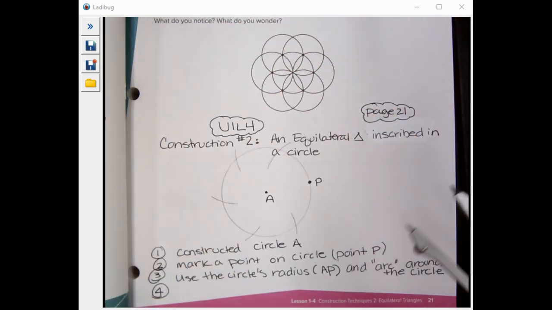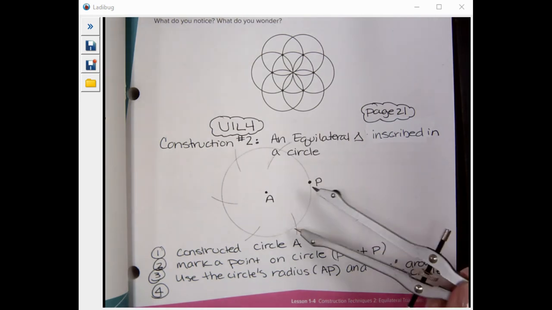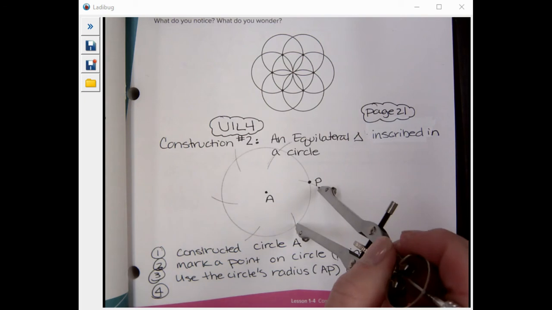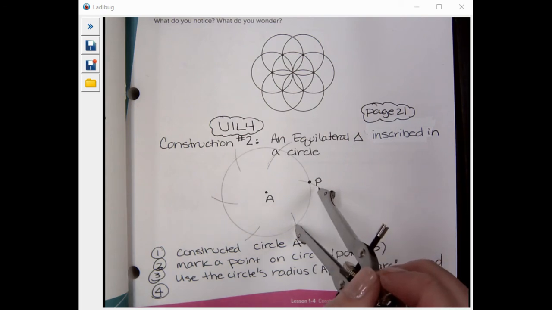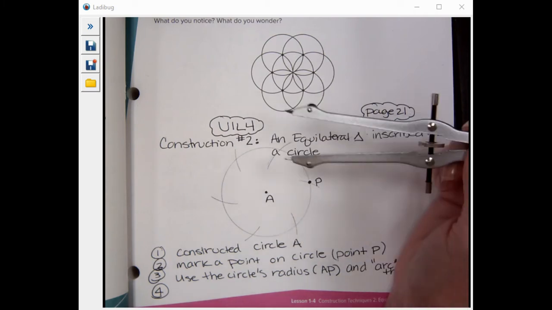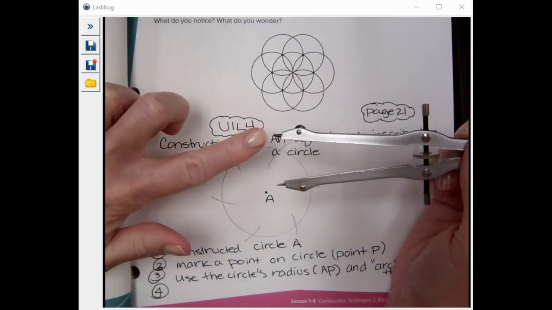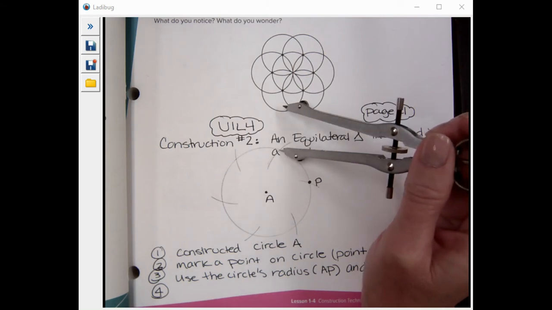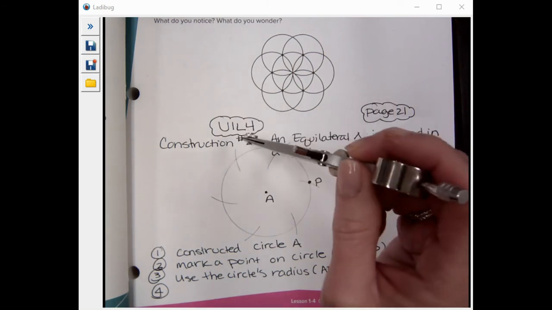Now, if I've been careful, this last time I do my arc, I should be arcing through P. You might not be. You might be a little long, you might be a little short. It all depends on, first of all, how thick is this lead? Exactly how close are you putting your pointer to the real intersection point?